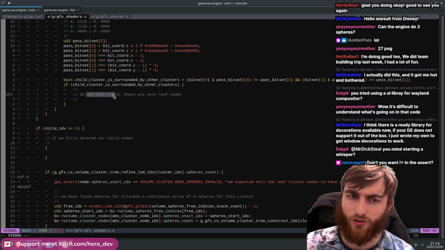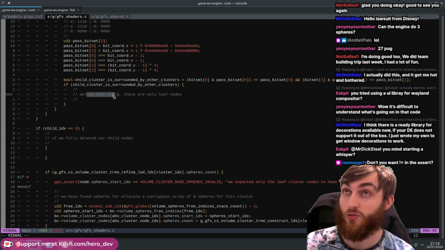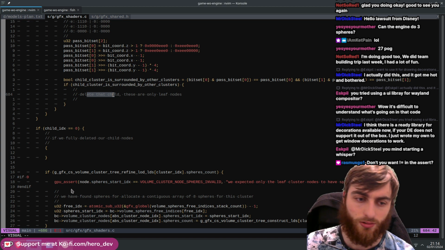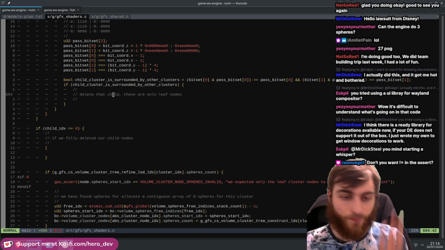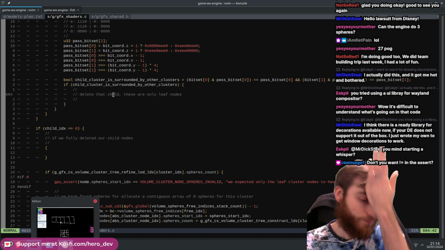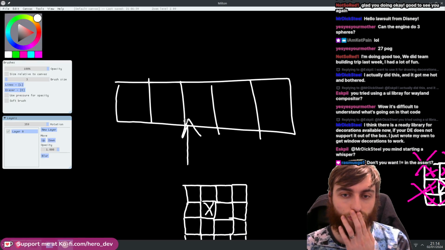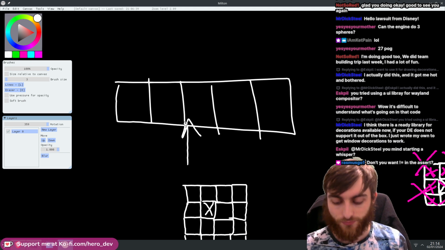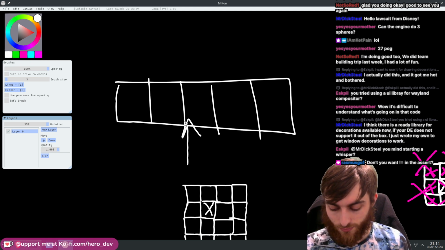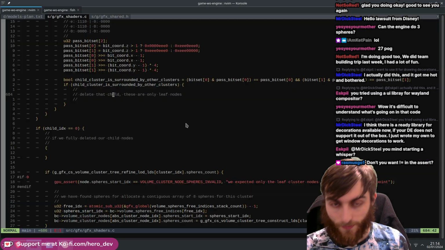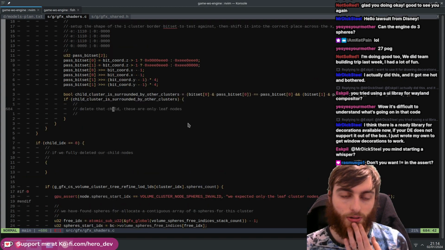So it's deleting a child. Those would be in the middle of the array, so you would have to create holes. You end up creating holes.